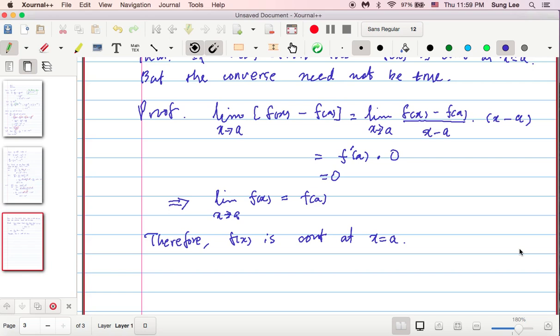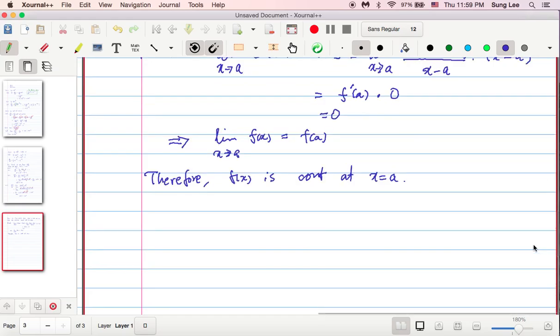You just need to show one example where the converse doesn't work. So that's called a counterexample. So here's a counterexample for the converse.